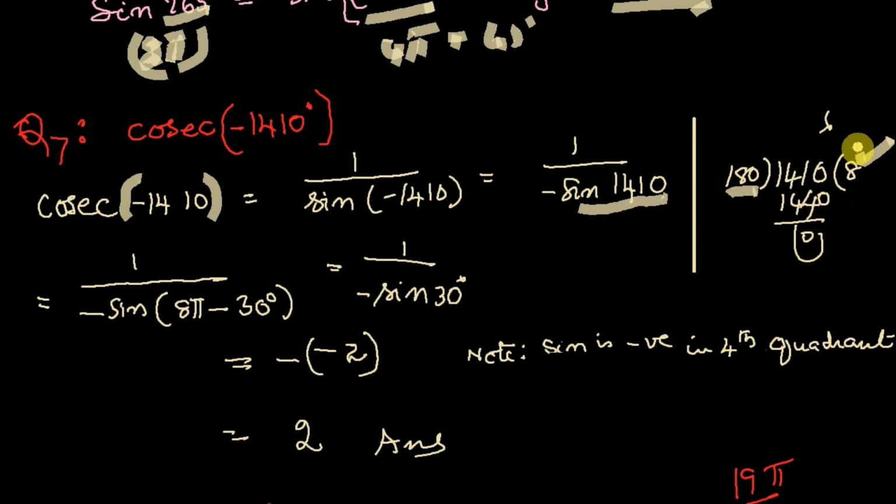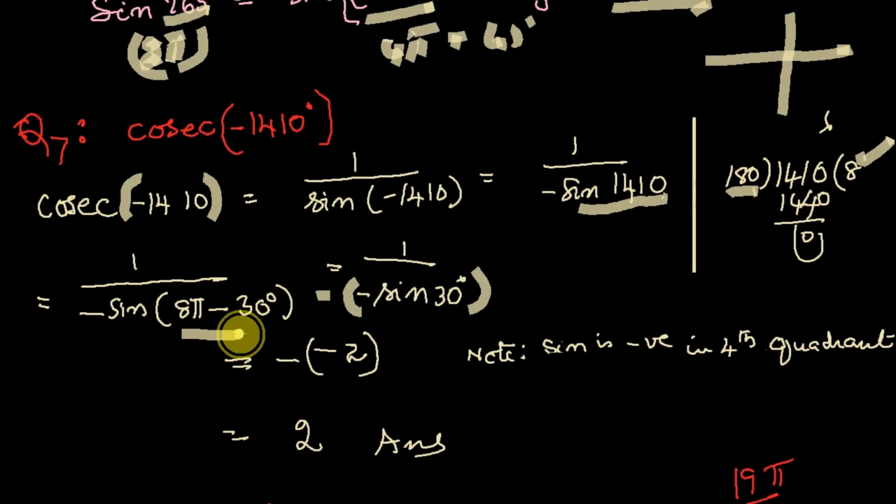So sine of 8 pi minus 30. Sine of 2n pi minus theta is minus sine theta. This 8 pi minus 30 angle comes in the fourth quadrant.